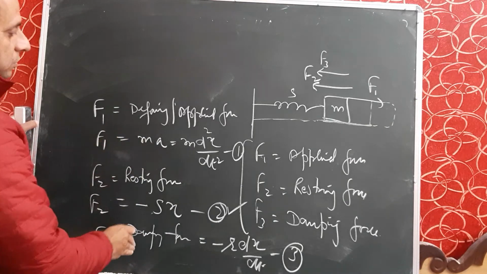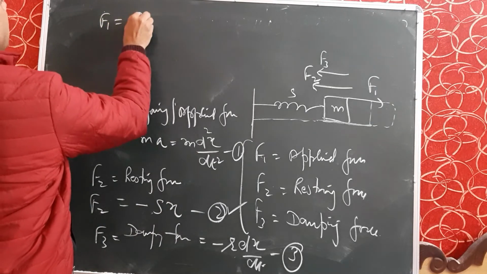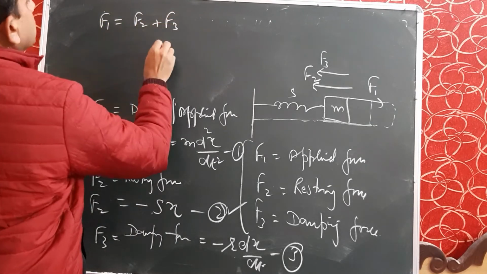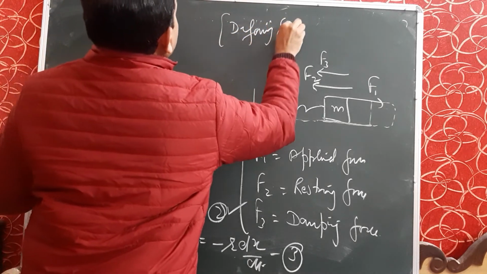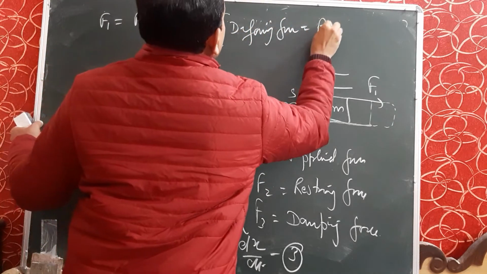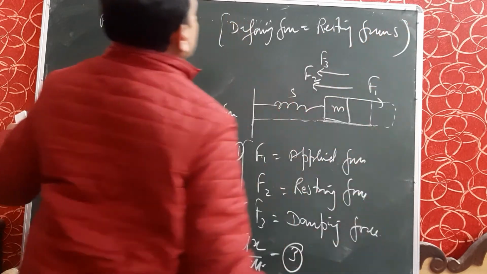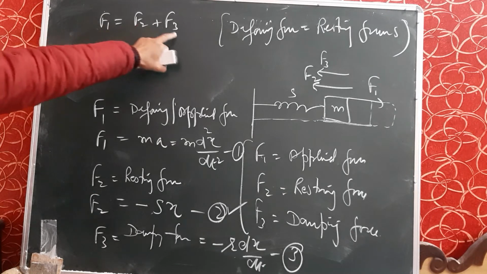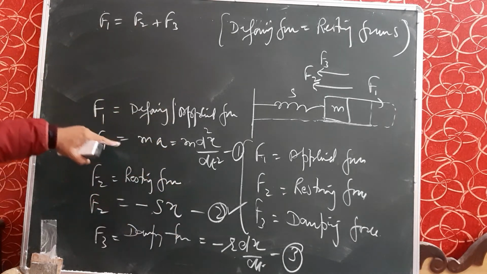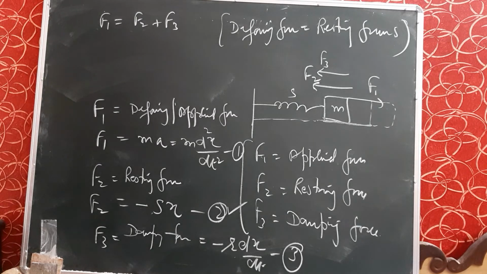The resultant of these three forces gives F1 equal to F2 plus F3. That is, the deforming force is equal to the restoring forces. The deforming force is single and the restoring forces are two. So, the deforming force is written on the left hand side and the restoring forces are written on the right hand side.